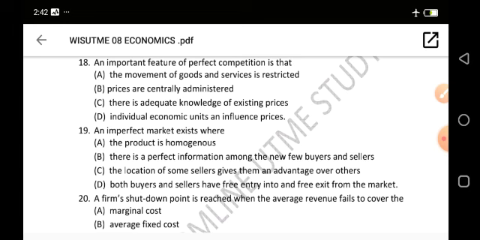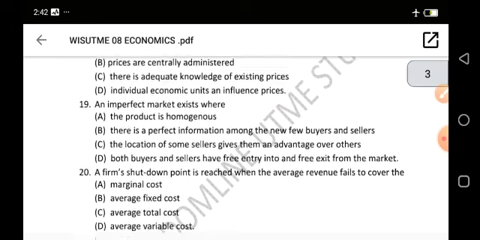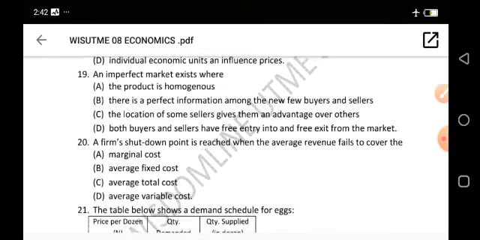Number 20, a firm's shutdown point is reached when the average revenue falls to cover the... So take note of that. How do you get your average revenue? We're talking about your total revenue divided by quantity.